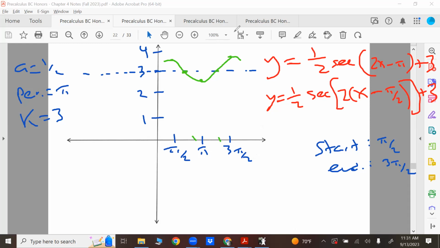But this is secant. So we're across the middle, and you draw your curves like this. You use the green curve as a crutch.